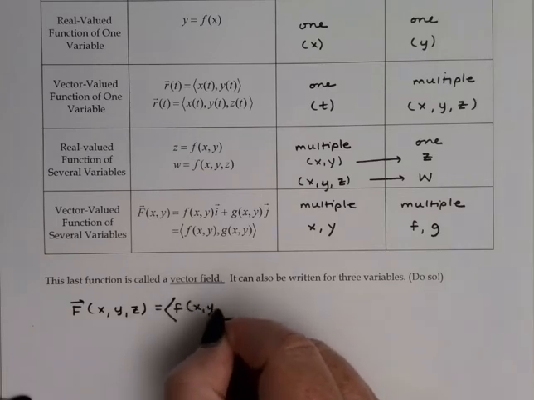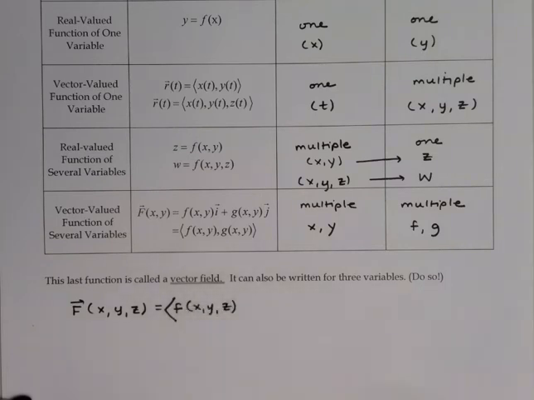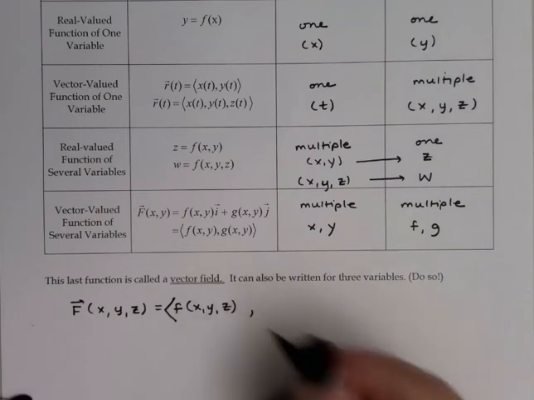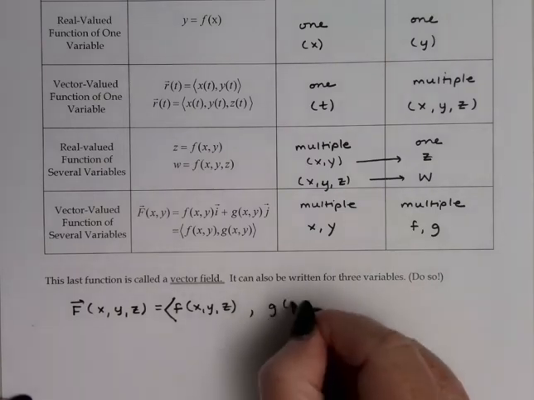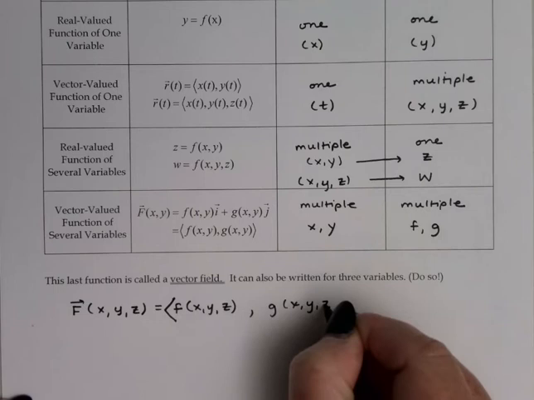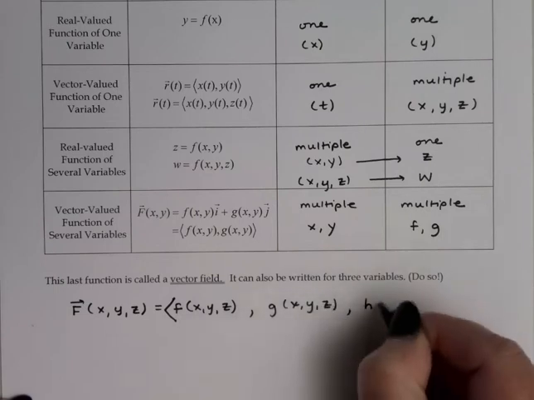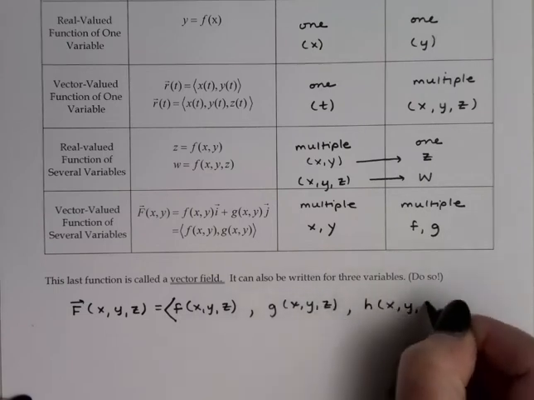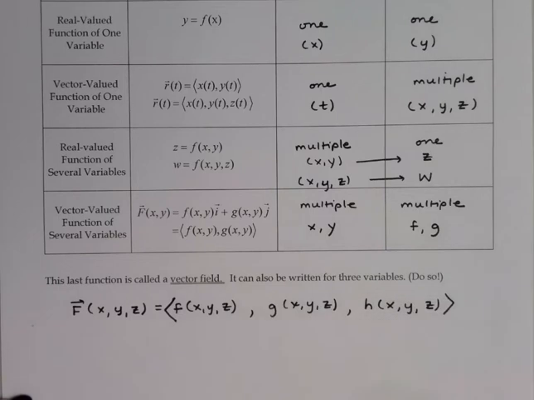Little f of x, y, and z equals f of x, y, and z in the first coordinate, g of x, y, and z in the second coordinate, and h of x, y, and z in the third coordinate. So again, it's really a vector input, x, y, and z, with a vector output, f, g, and h. Multiple inputs, multiple outputs.